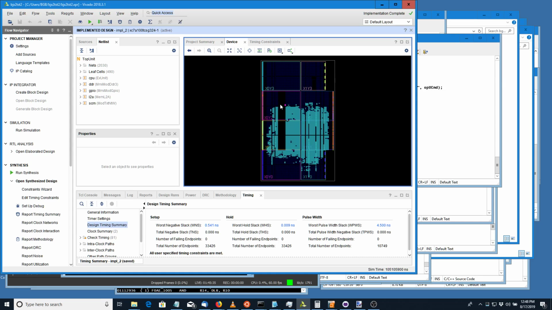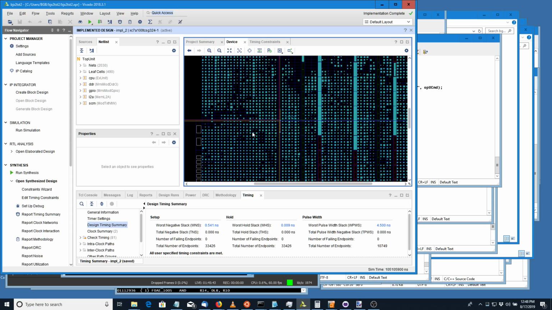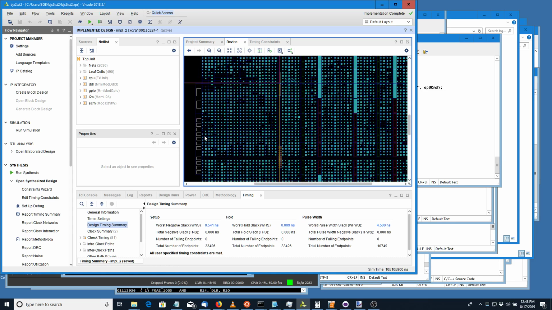I guess the thing is, these Artix 7s have a bunch of inherent parts in them that aren't really used by most designs, and are kind of what they left out when making the Spartan 7.